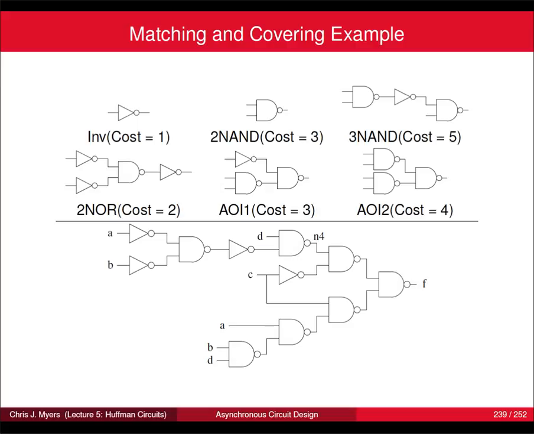So I think we have an AOI 2, and then we have a NAND. Actually, the way you draw AOI 2 is like, that's a NAND, an inverter, and then this is a 2-input NOR.